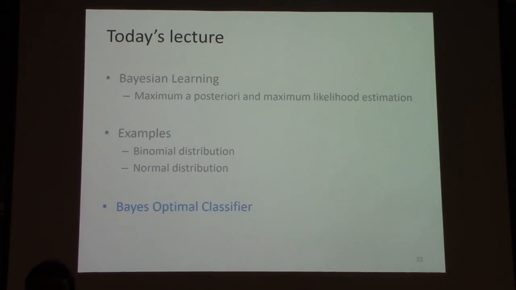That's the maximum a posteriori estimate. If you did not know what the prior distribution over hypotheses was, then you might want to relax it to a maximum likelihood estimate. And both of these are extremely popular.